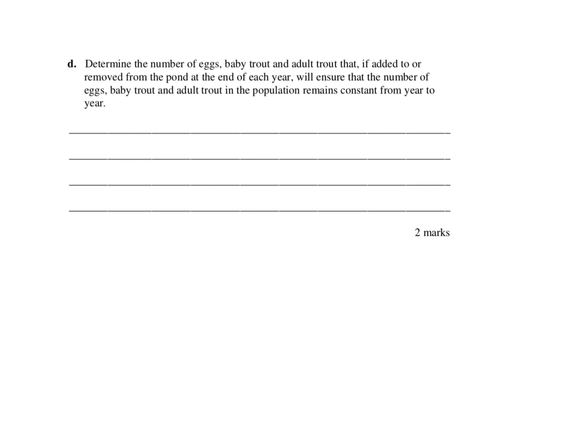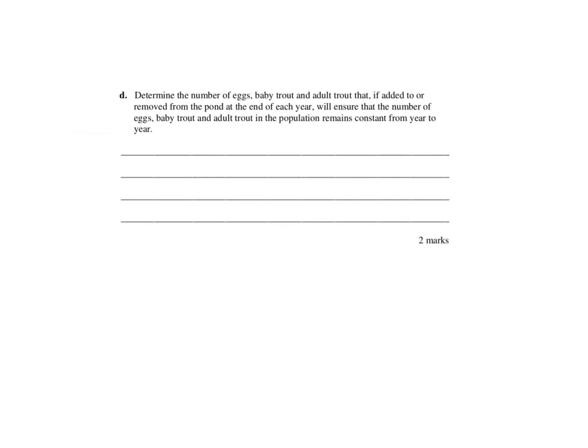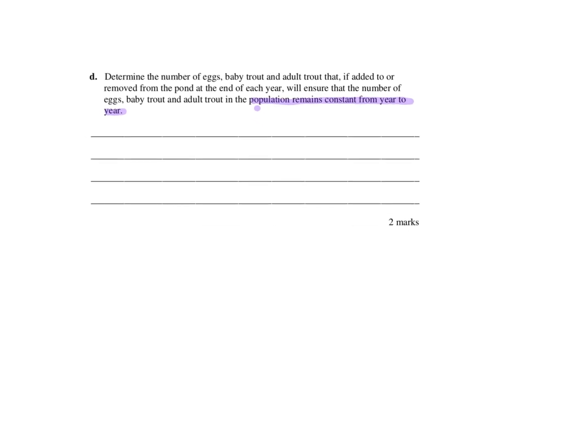Okay, determine the number of eggs, baby trout, and adult trout that, if added to or removed from the pond each year, will ensure that the number of eggs, baby trout, adult trout in the population remains constant from year to year. So this is probably the important thing. So what they want is the same numbers, so that state matrix is always going back to the same.